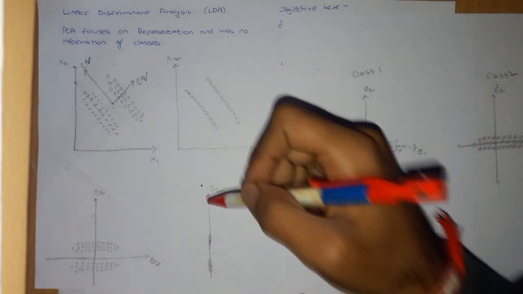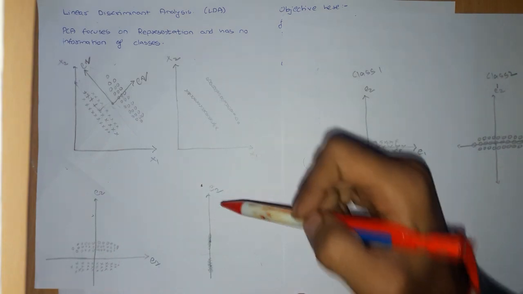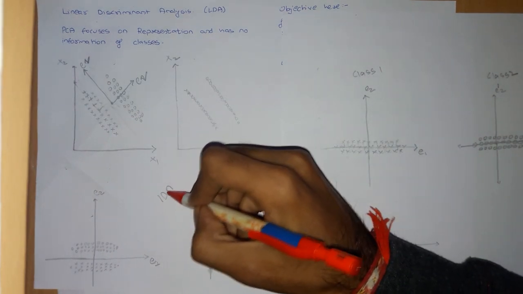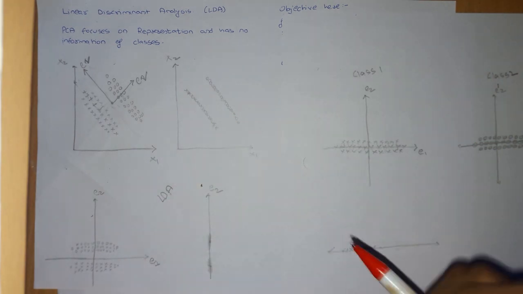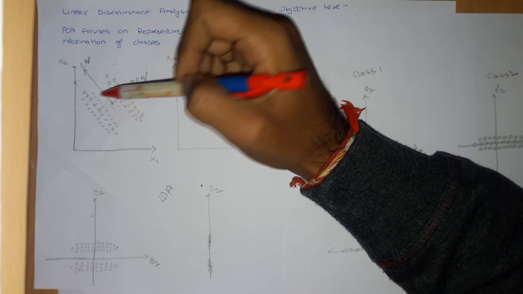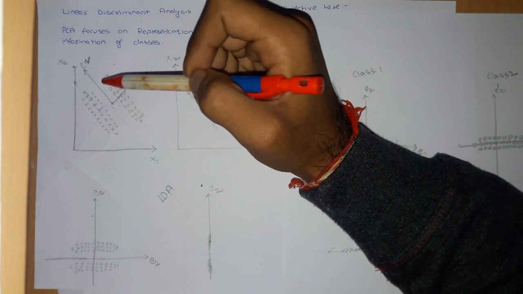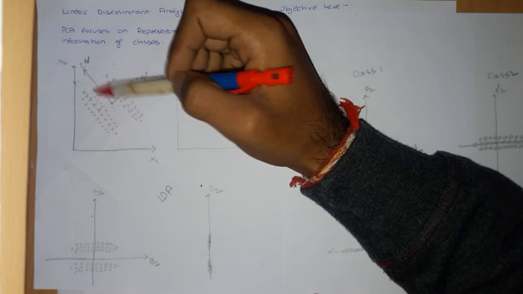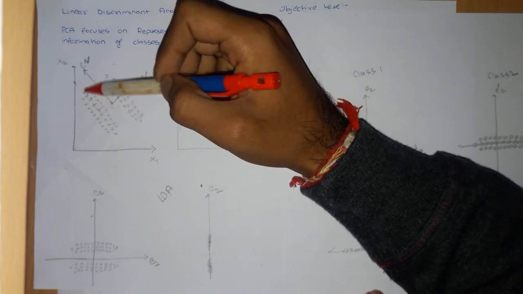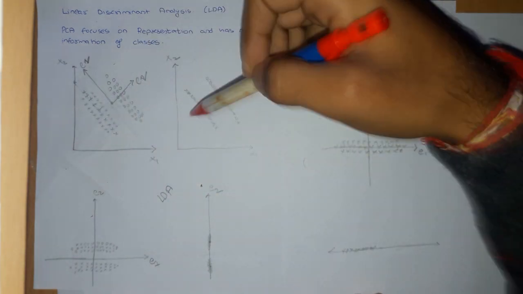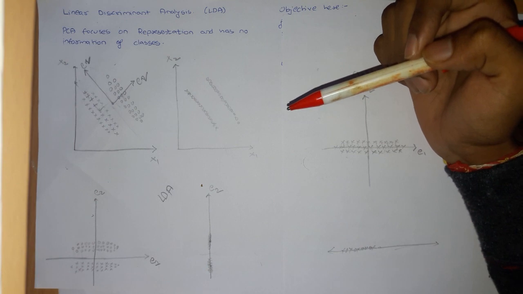So this is what LDA is doing. This is the major difference between LDA and PCA. PCA does not focus on classes, and if you want to put classes in PCA, you will have to represent every class differently. You will have to take this class, transform it, then reconstruct it. So you will have to do these many things for PCA.